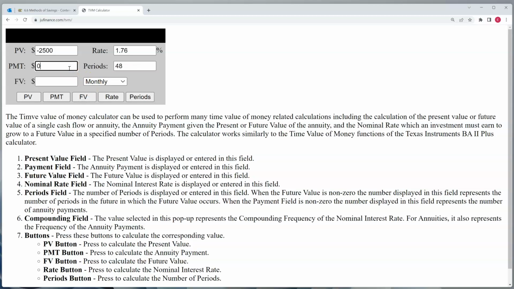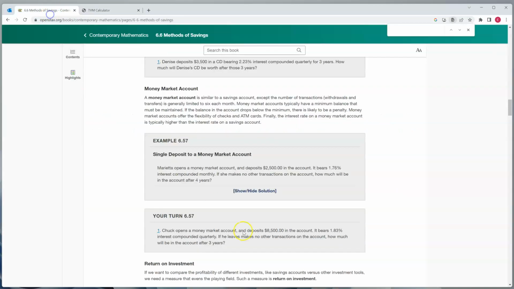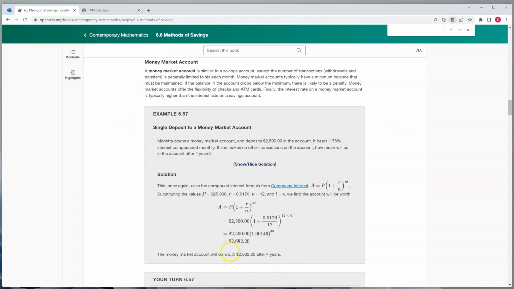Now, no other transactions means payments is 0, and then how much is the future value? So you're looking at $2,682.20 gained on that account. So a little over $100, just so you can see that our answer matches the book. But a little over $100 for 4 years.